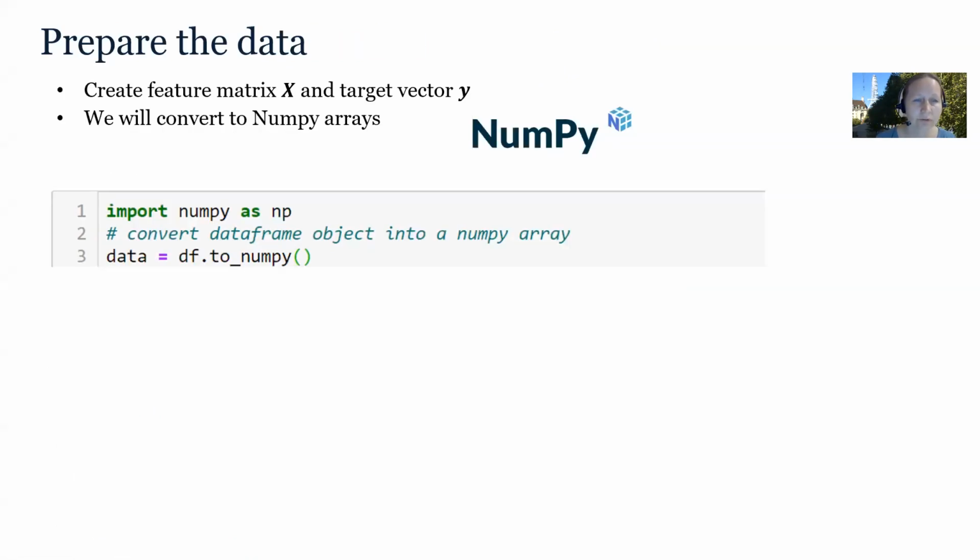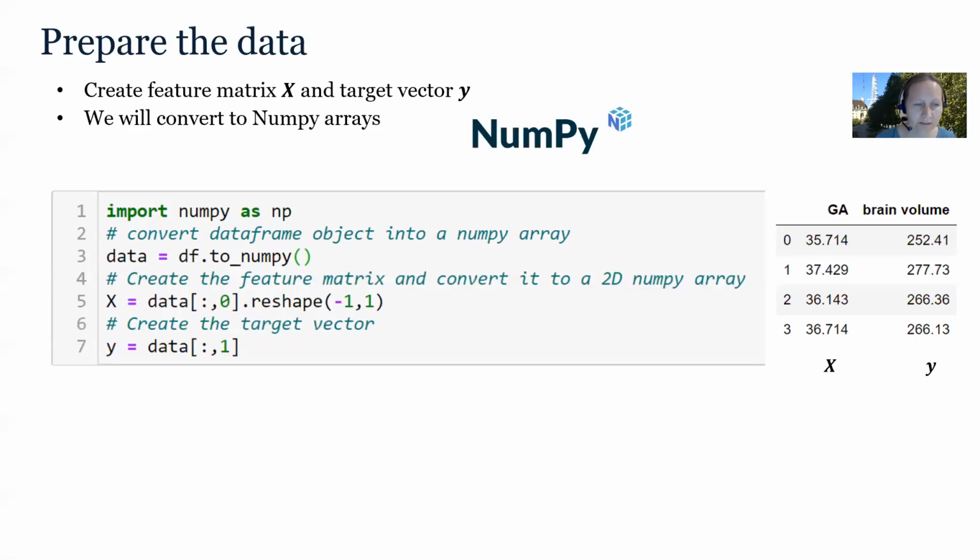Now we are going to create the feature matrix X and the target vector Y. We will first convert the data into a NumPy array, and we can use the data frame function to_numpy to do that. And then we will extract the feature matrix, which is column 0, gestational age, and the target vector, column 1, the brain volume.